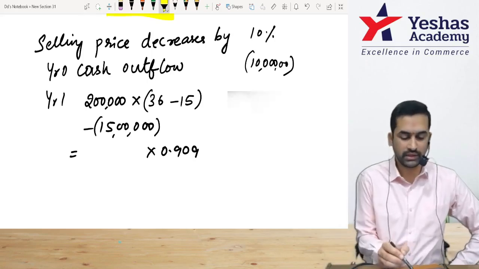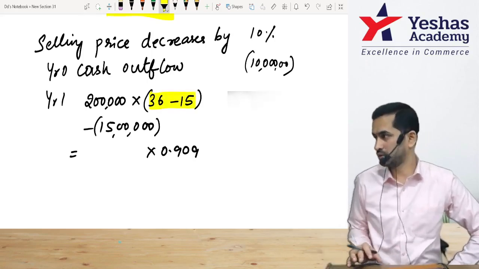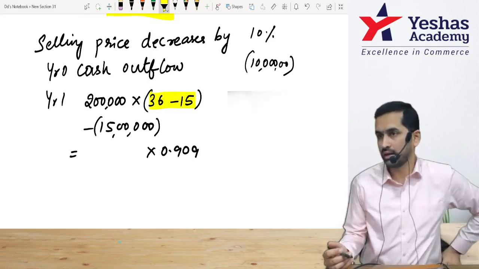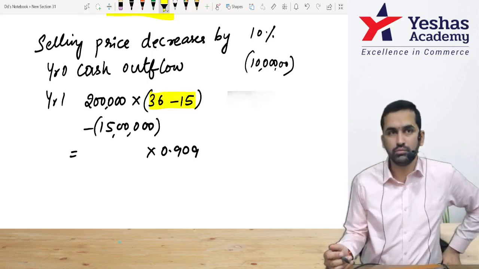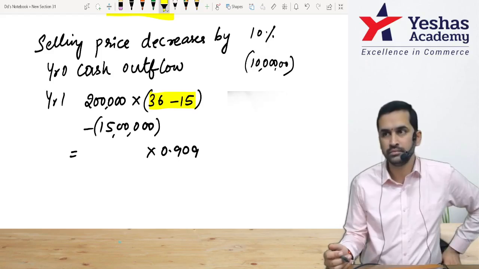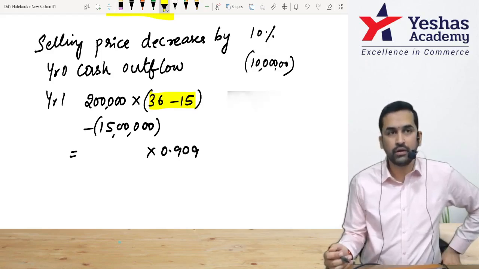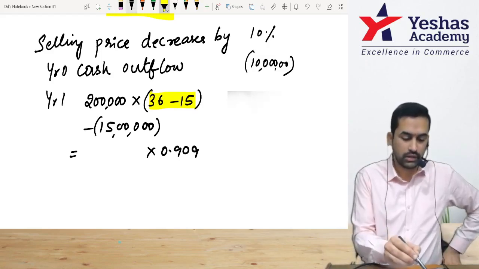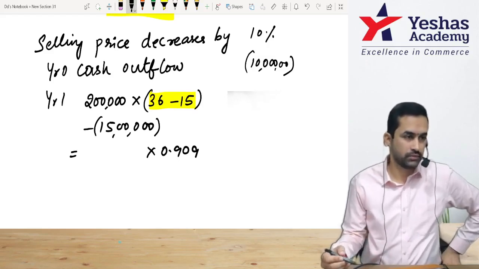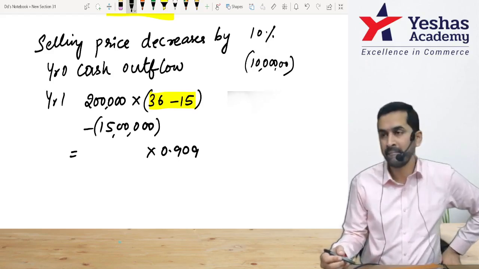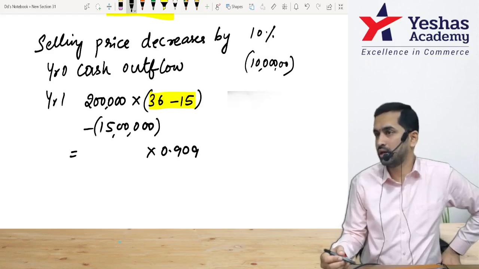I've done 36 minus 15. This gives me contribution per unit into 2 lakh. Total contribution minus fixed cost. From that, I have minus fixed cost 15 lakh rupee. That into 0.909.